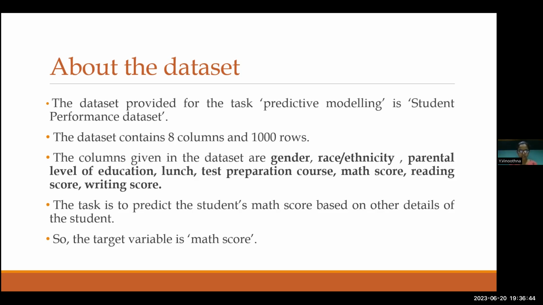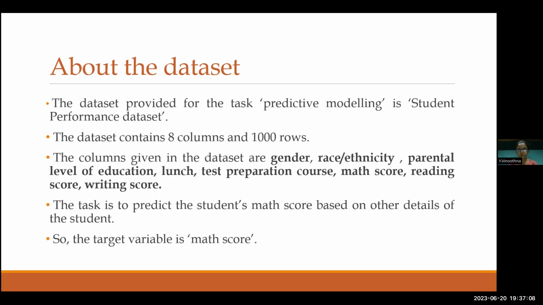Now here I have some data regarding a student called Sita. Sita is a female, so her details are given as gender: female, and race. Let us think, for example, that she belongs to some group A. Her parental level of education is a bachelor's degree, and for lunch she was provided with a standard lunch.